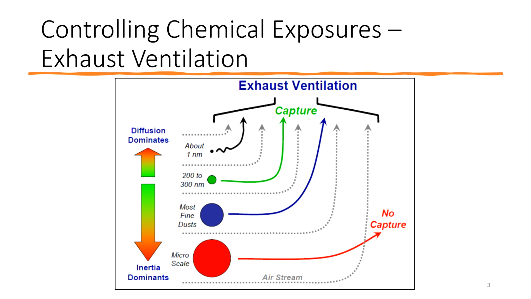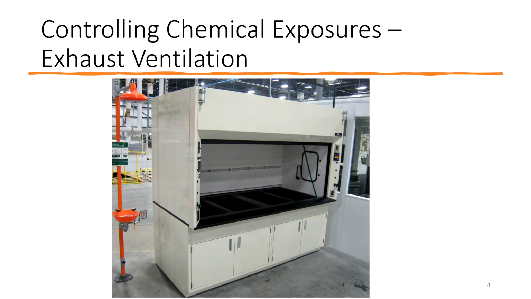This is when we're thinking about how we're just using something right out in the open. This still doesn't mean that what we're doing out in the open is safe, but we know that we're capturing more of the particles. Let's look at if we take the same operation and maybe put it inside of a fume hood. A fume hood, of course, is going to be enclosed on 3 of the 4 sides, allowing the person to work in the front.